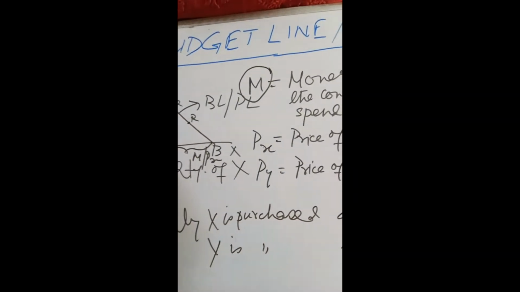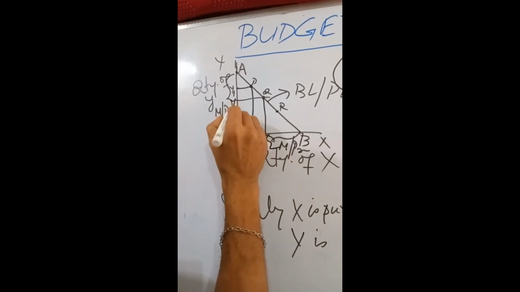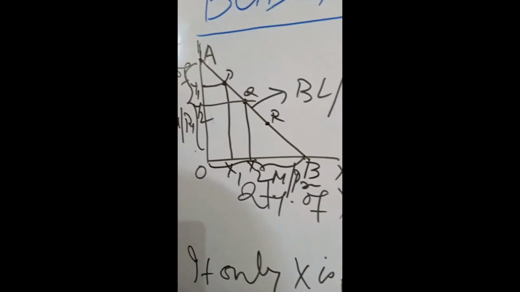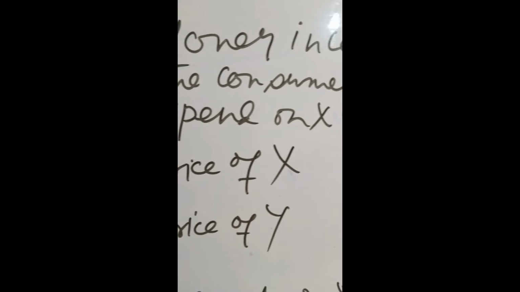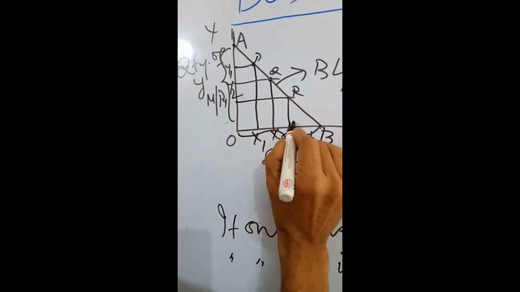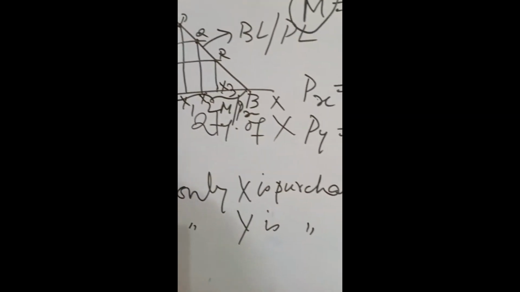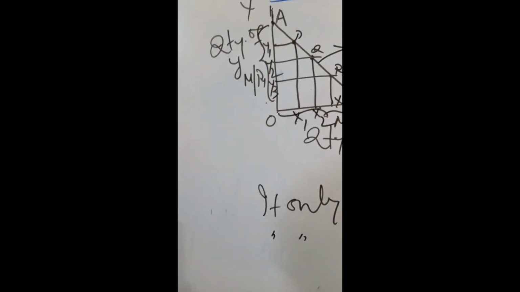If he consumes this much of X, say X2 and Y2 at point Q, then also he is spending all his money on X and Y, and he is purchasing OX2 units of X and OY2 units of Y. Again, at point R, he is consuming X3 of X and Y3 of Y. That means he is spending all his money income on two commodities X and Y, and is purchasing OX3 units of X and OY3 units of Y.